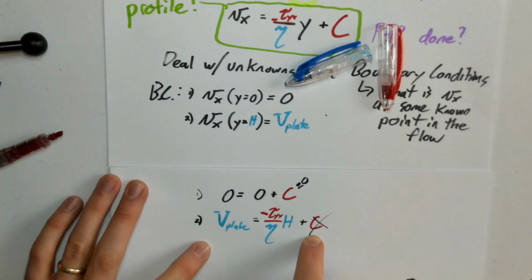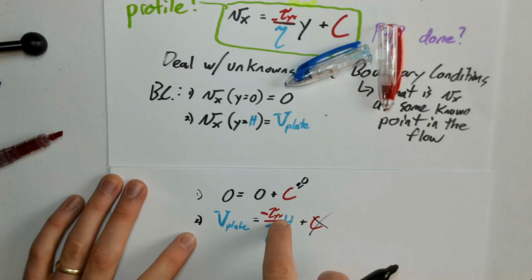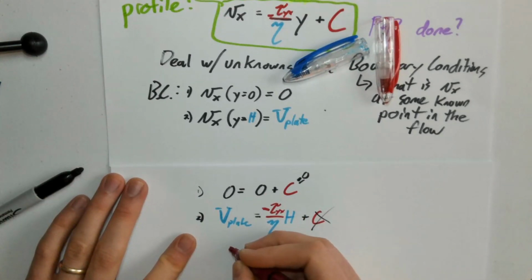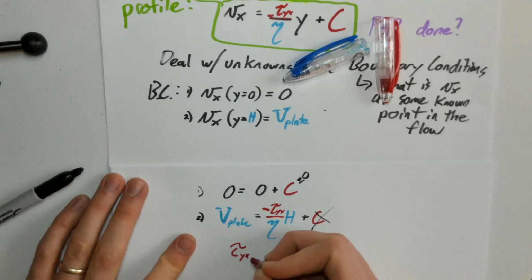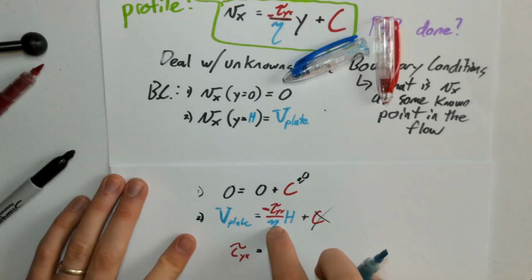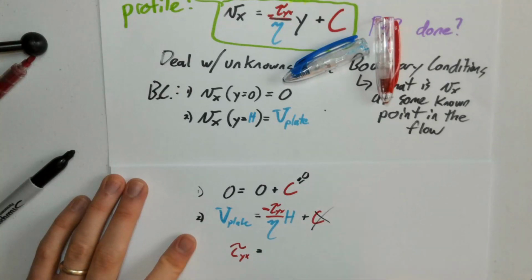So what does that mean? Well, we figured out that c equals 0, and then if we look at this last equation, that gives us all of the information we need to figure out the shear stress, right? So what does this mean? Tau yx has got to be equal to, we can bring eta over and h over.